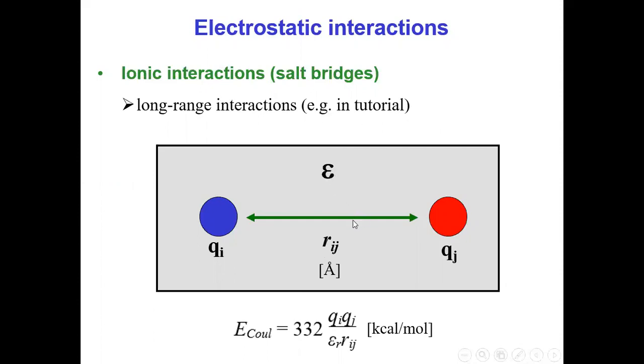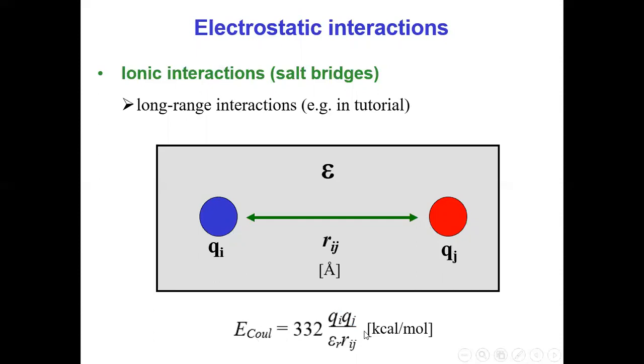For example, if Qi has a -1 charge and Qj has a +1 charge, then the entire expression will be negative and the energy will be negative. And when the energy is negative, it means that the interaction is attractive. If the two charges have the same sign, then the expression in the Coulomb equation will be positive, and a positive energy means that the interaction is repulsive.